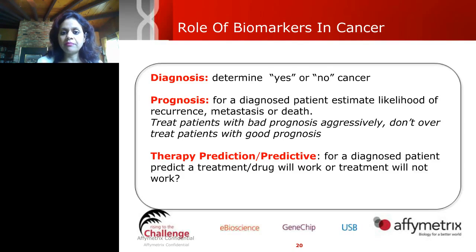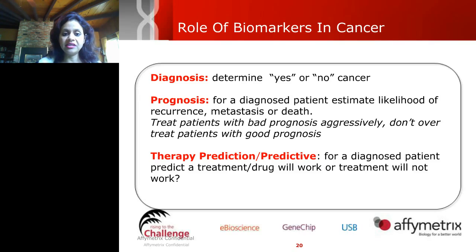We all know that biomarkers can play the following roles in cancer. They can be used for patient diagnosis, which is simply to determine whether a patient has cancer or not. Biomarkers can be used for prognosis, which is simply for a diagnosed patient, estimating the likelihood of recurrence, metastasis, or death.